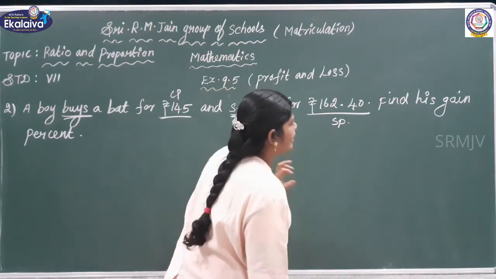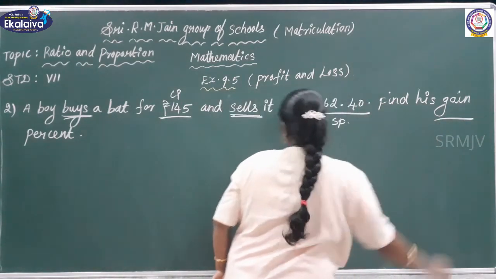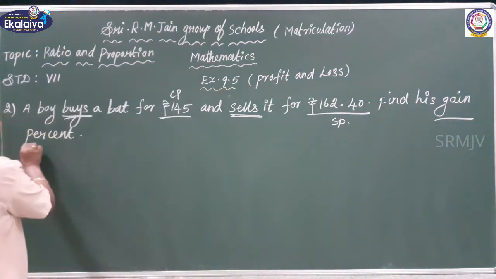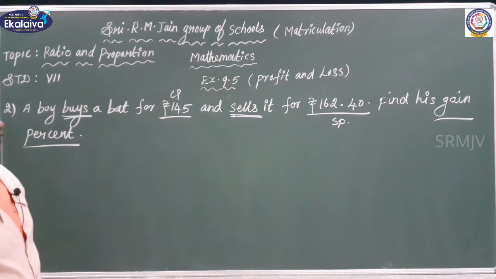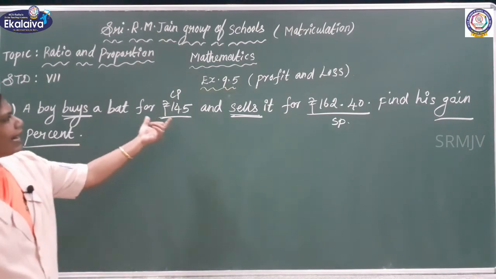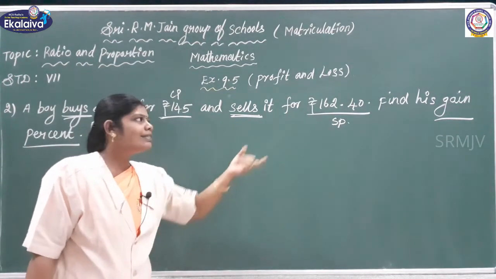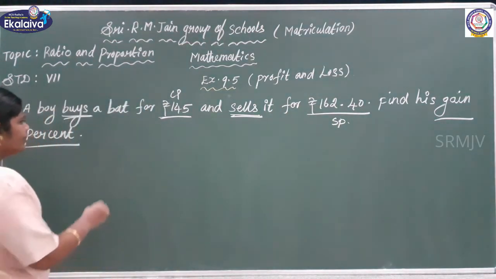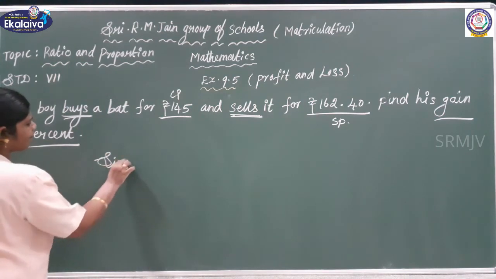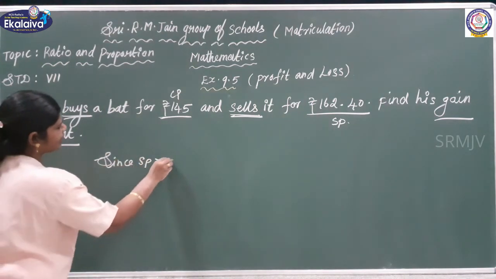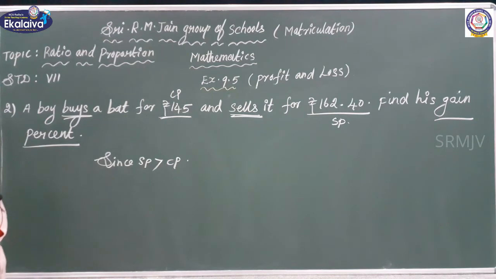So find his gain percent. Gain percentage we need to find out. Okay, children. So now compare that cost price and selling price, which is greater here. The selling price is greater. Okay. So since selling price greater than the cost price, so we need to find out the profit. We are getting gain only.